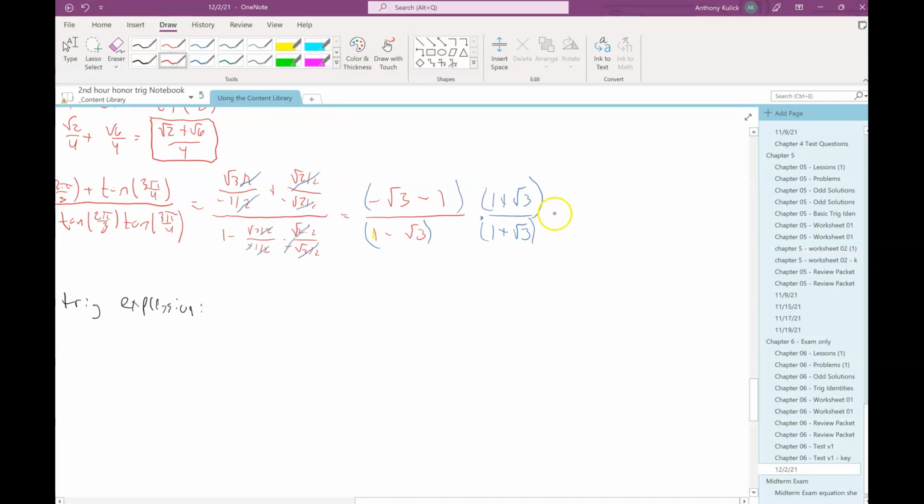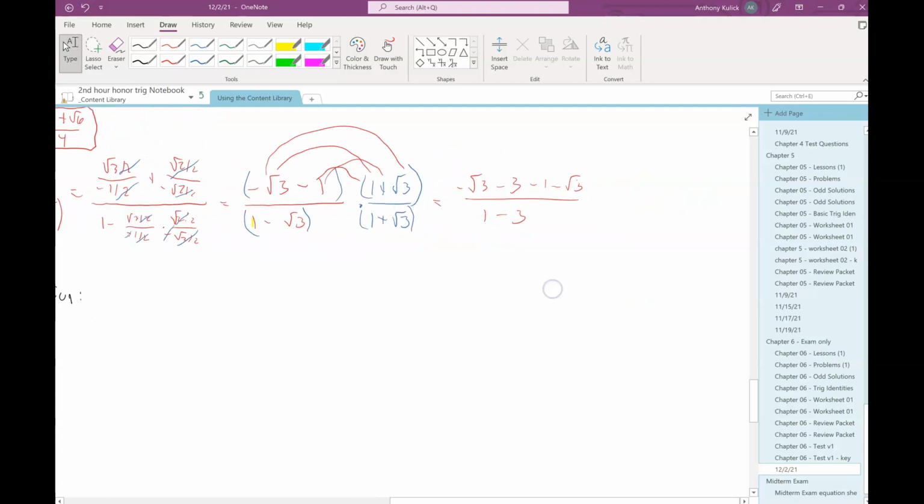So in the numerator, we have to FOIL this out. I'm going to get negative root 3, and then negative 3, and then negative 1, and then negative root 3. The denominator, that's just the difference of 2 squares, so I end up with 1 minus 3.